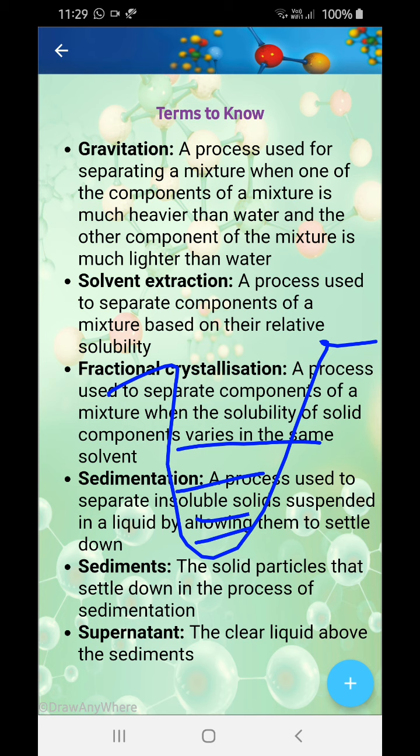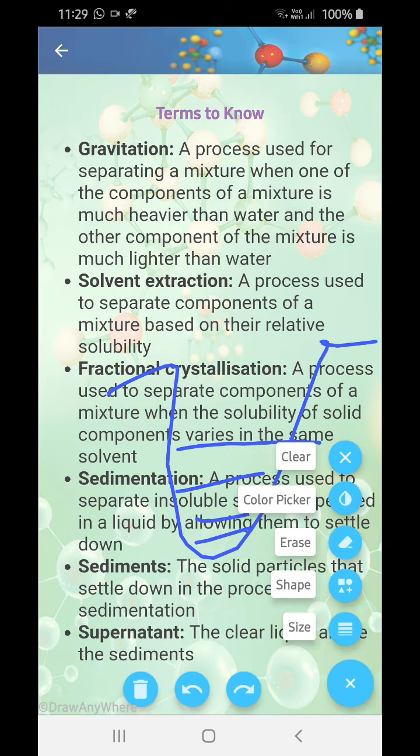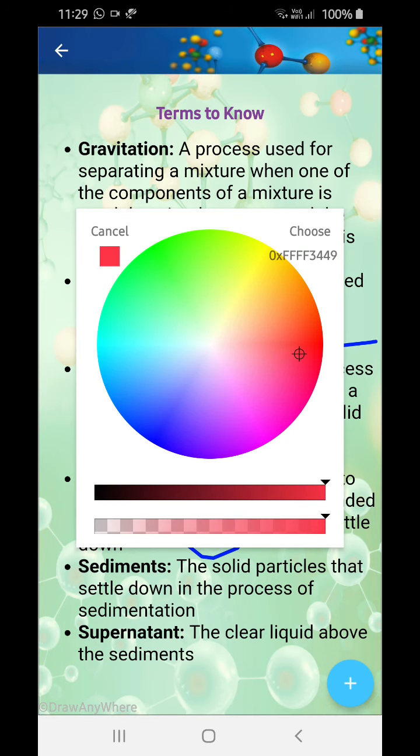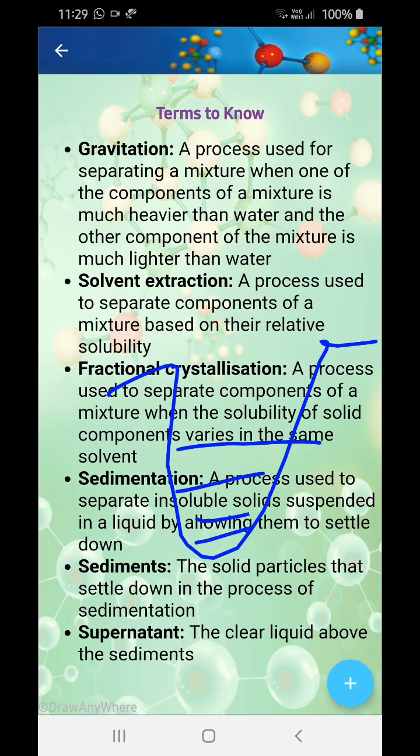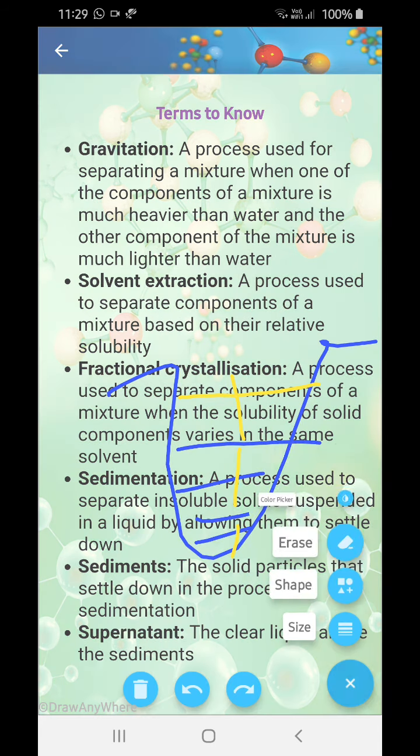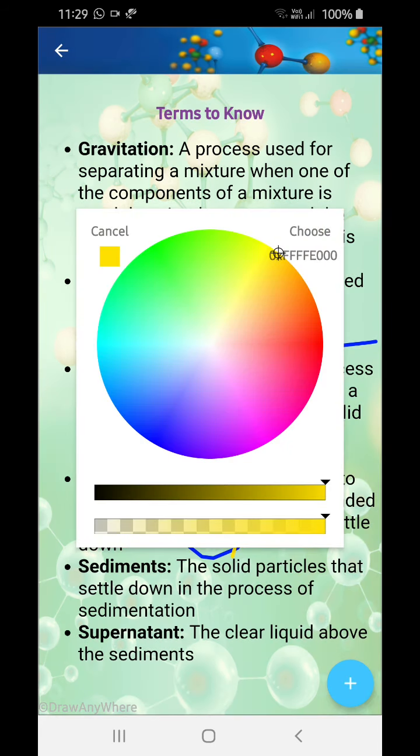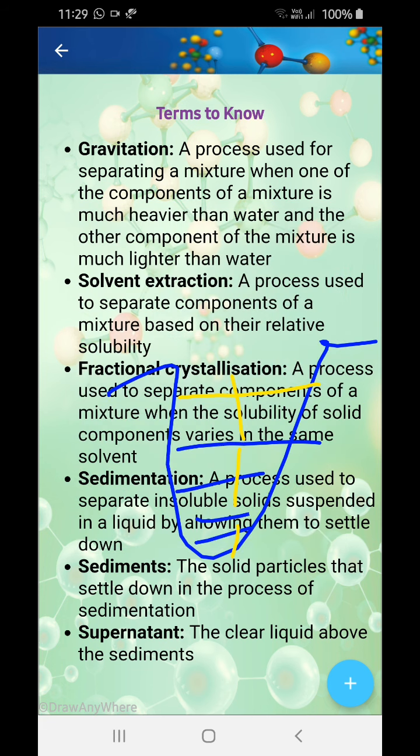Then I take oil also, I pour oil over here, and then again I pour sugar particles over there. Okay, sugar particles. So what will happen?